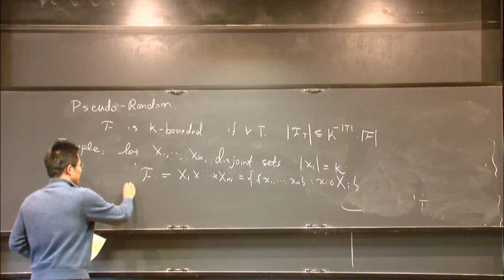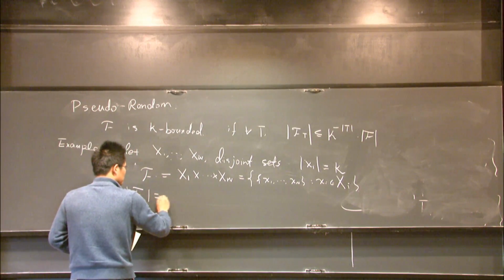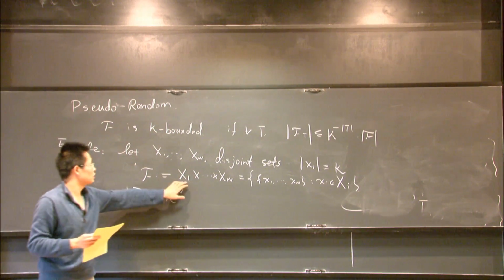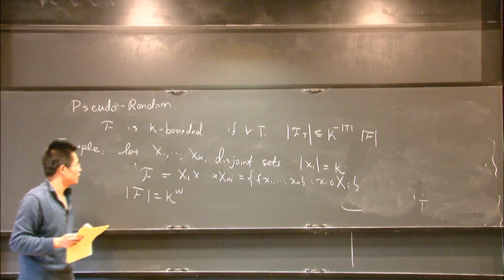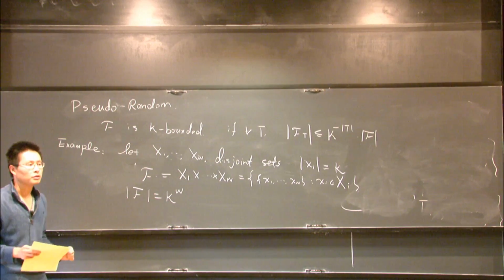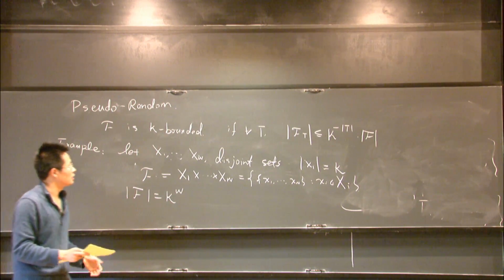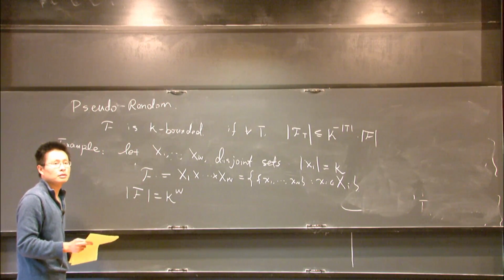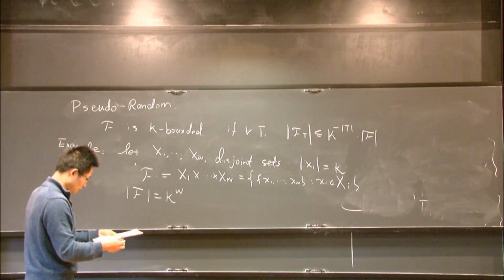So the size of F is kappa to the w, because there are kappa choices for each coordinate and there are w sets in total. We can do a simple calculation to check that this is kappa-bounded.